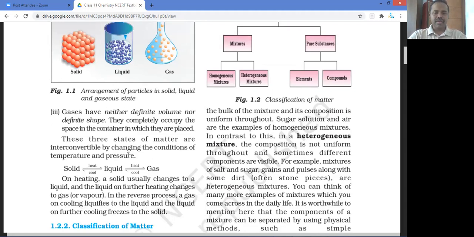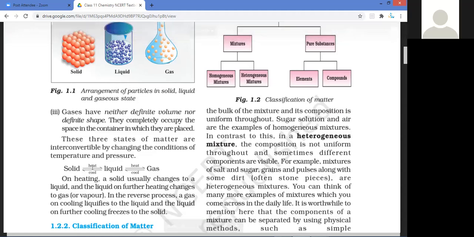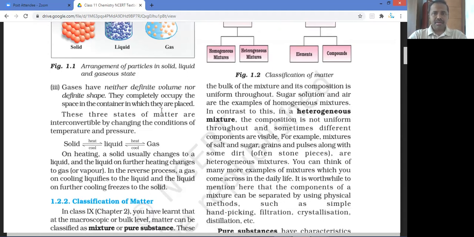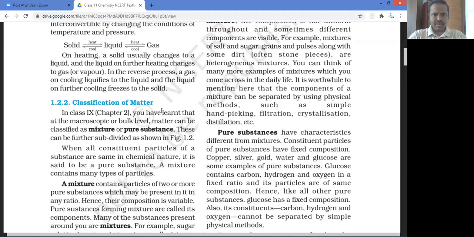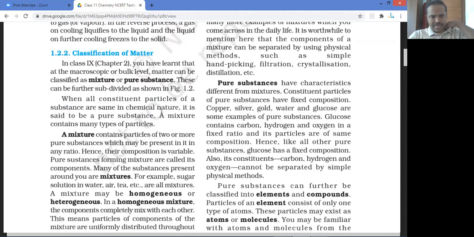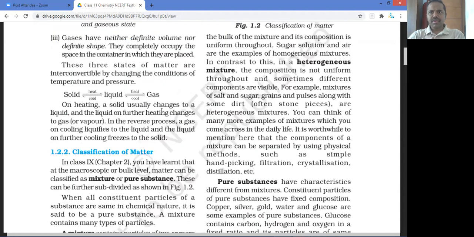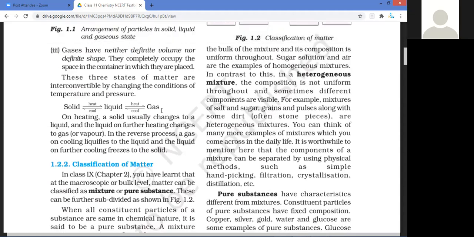So basically this is a general process, and we will also see some of the exceptions. In the classification of matter, we already looked at homogeneous and heterogeneous mixtures. In a homogeneous mixture, particles of the components are uniformly distributed throughout the bulk of the mixture, and its composition is uniform throughout.